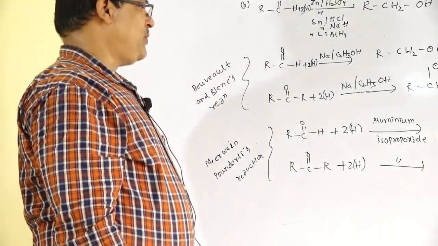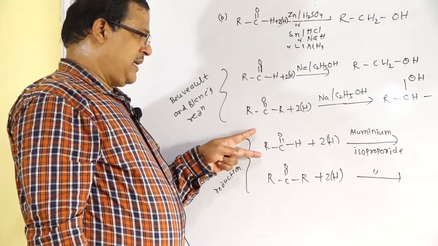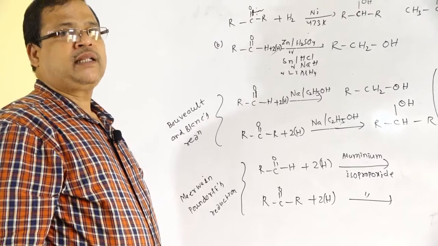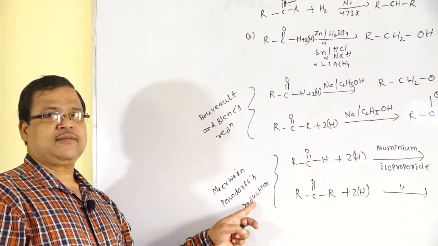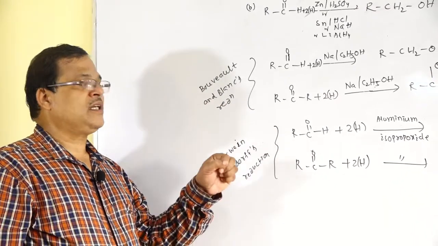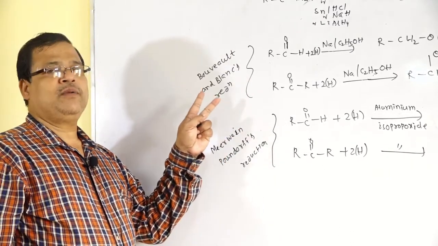Aluminum isopropoxide will act as the reducing agent. So reduction of aldehydes and ketones in presence of aluminum isopropoxide is known as Meerwein-Ponndorf reduction. But reduction of aldehydes and ketones in presence of sodium in ethyl alcohol is the Bouveault-Blanc reduction.